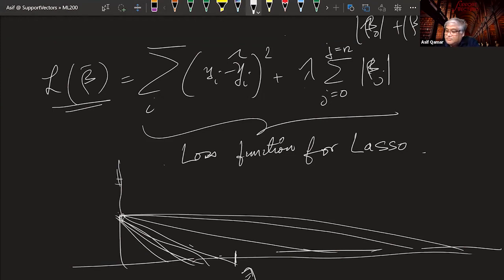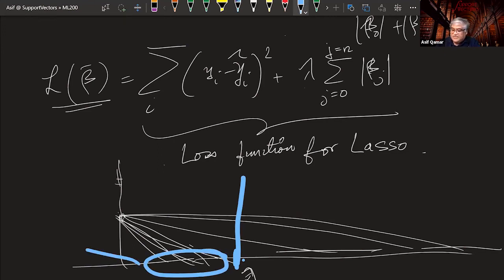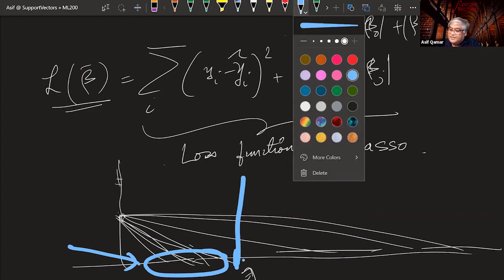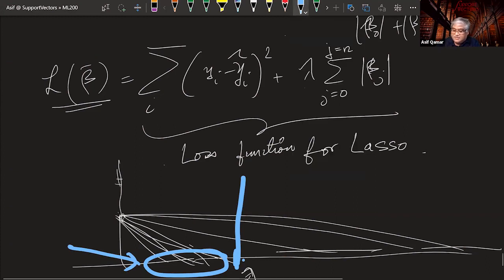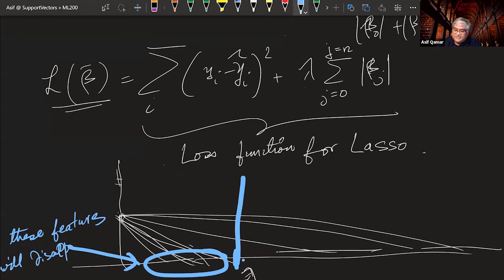At this cutoff, these betas will disappear. Because each beta is associated with a feature, these features will disappear. Why? Because their coefficients, their parameters, have all gone to 0 at this value of lambda.